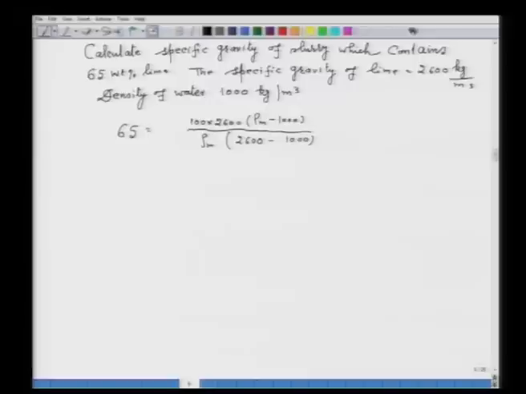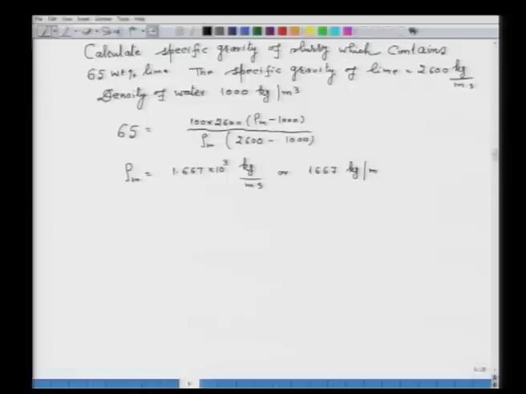So, all that we have to find out is the value of rho m. I am leaving the exercise on you, you can do it. The value of rho m will come out to be equal to 1.667 into 10 to the power 3 kilogram per meter cube, or you can also put it 1667 kilogram per meter cube.